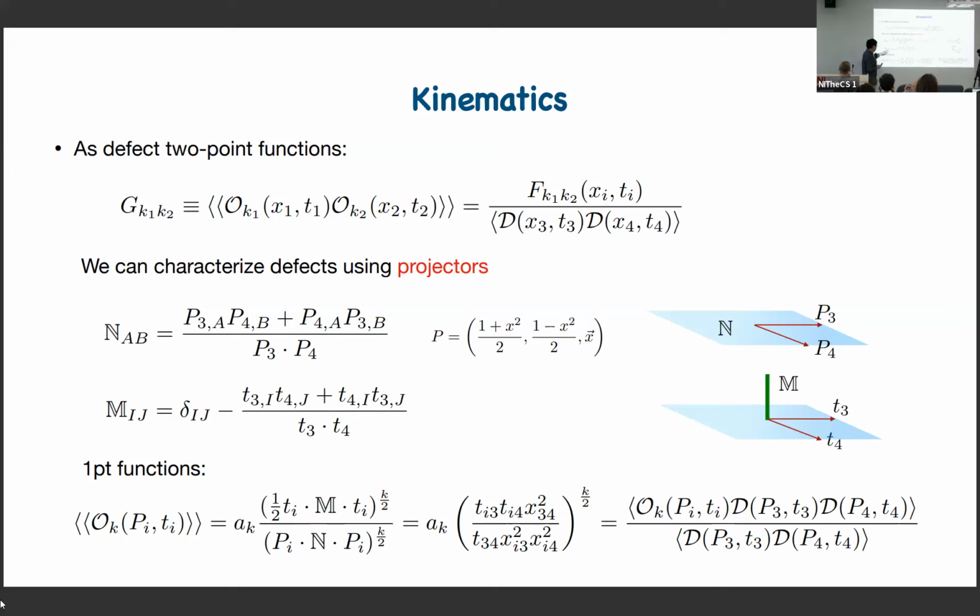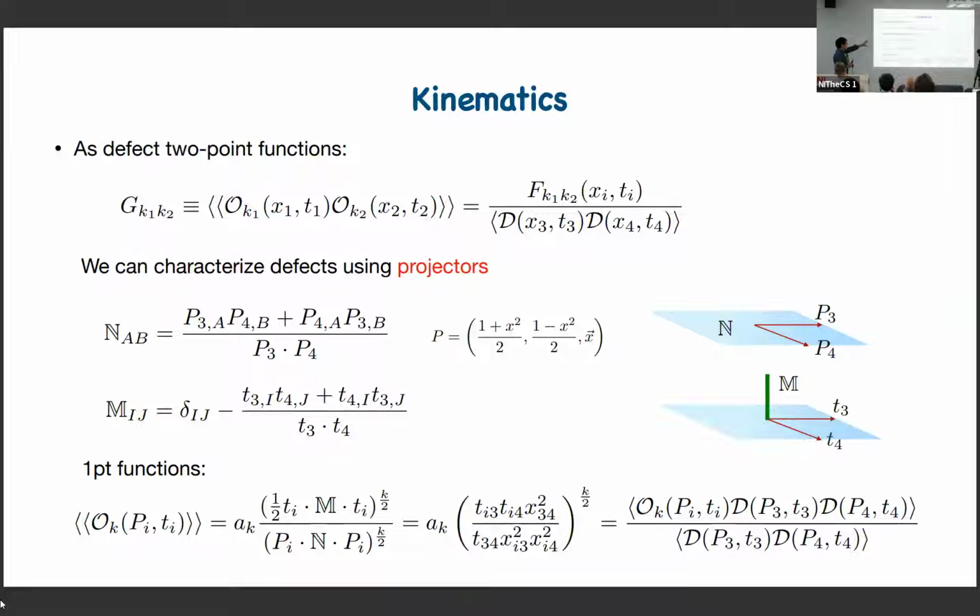There's a small difference, which seems a bit unclear at this stage, but I will show you it's going to be very natural later on. The small difference is that instead of writing it like that, we do 1 minus that. And the geometric interpretation is that instead of projecting to the plane spanned by T3 and T4, we are now in the orthogonal space.